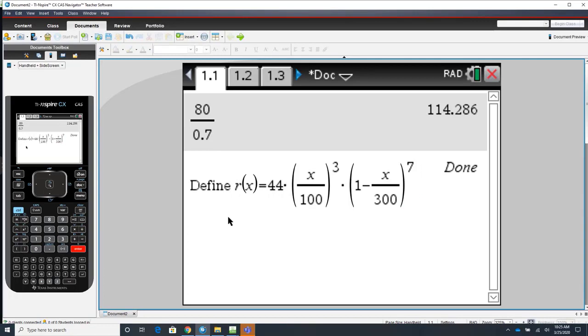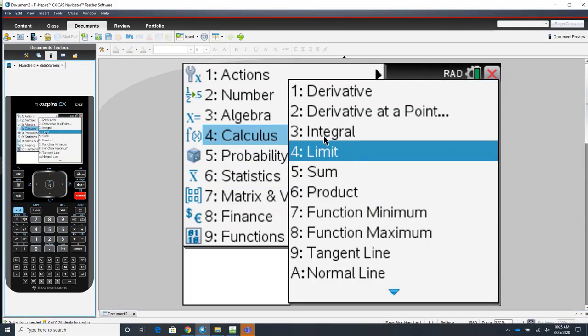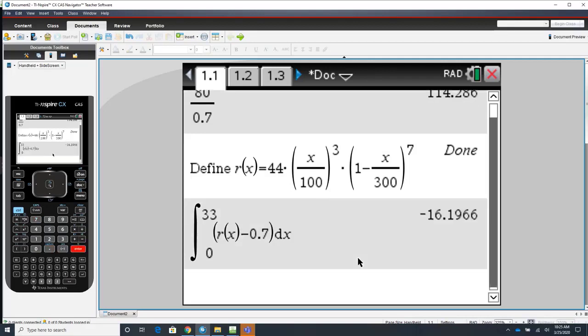Forgot to define this, I apologize. So let's compute it again. I forgot the definition, that's why. Integral from 0 through 33 of r of x minus 0.7 dx. Okay, now it's perfect.